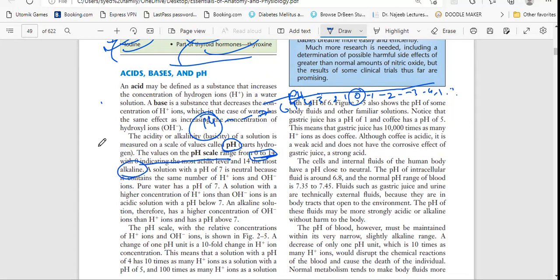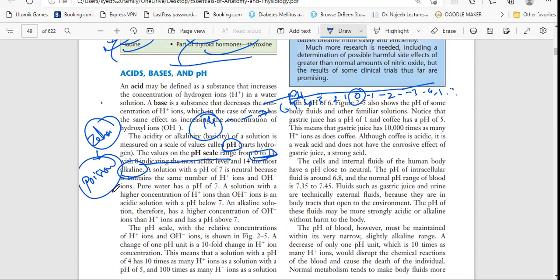Alkaline is nothing but, what do you call that, the Hindi word zehar, I'm not able to pronounce it in English. Alkaline is like poison.